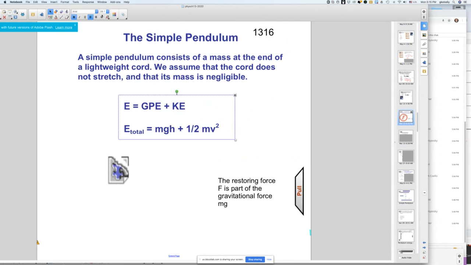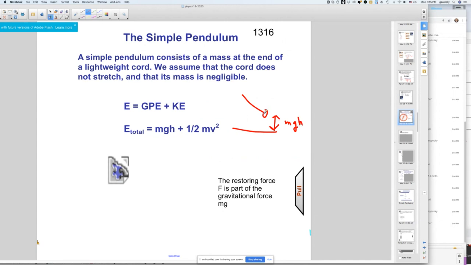If you take a pendulum and you stretch it, it now has gravitational potential energy, mgh.